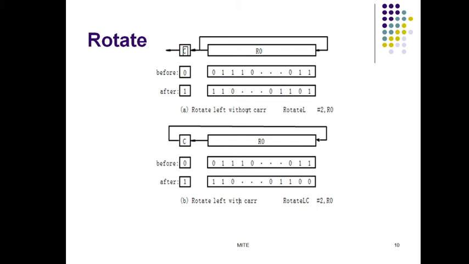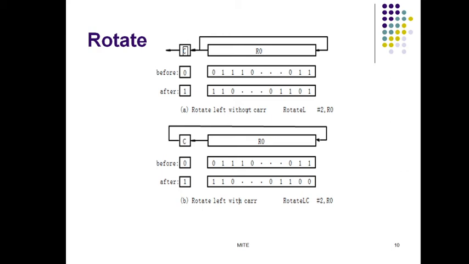Two versions of both left and right rotate instructions are provided in all instruction sets. In one version, the bits of the operand are simply rotated. In the other version, the rotation includes the C flag.